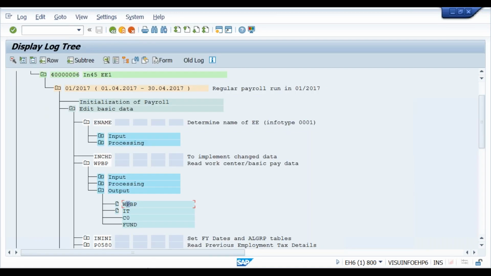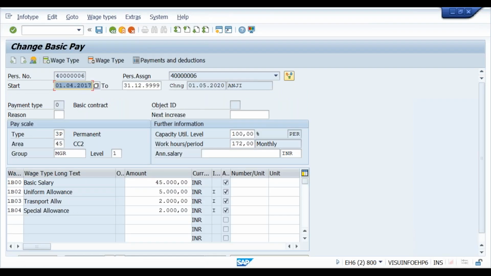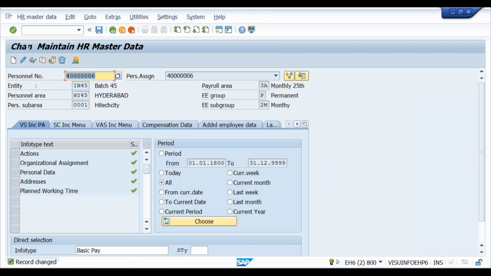So now what I do is I'll increase the grade, effective from... this is not the original salary of this employee. Let me get the original salary. This is the original salary of the employee.